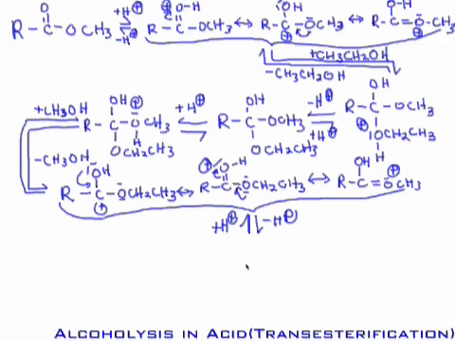And so if we do this now, we get our C double bond O, OCH2CH3. So essentially what happens is nucleophilic acyl substitution via a series of protonation-deprotonation steps.